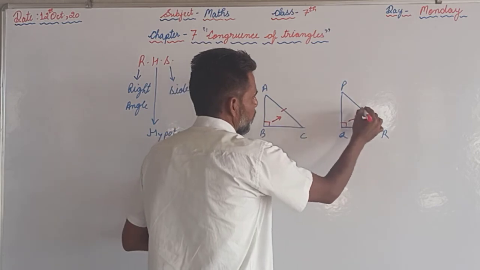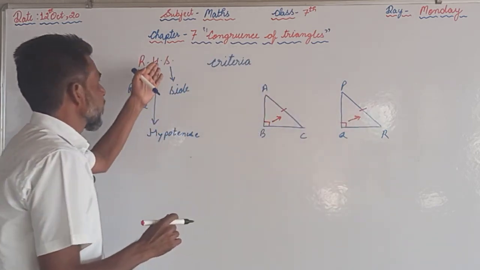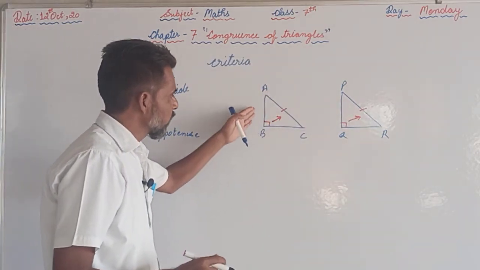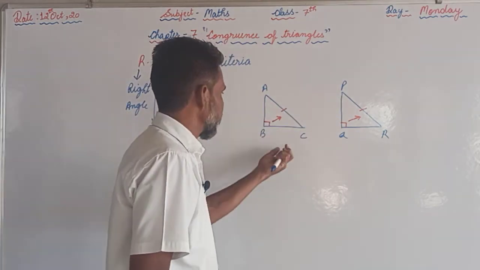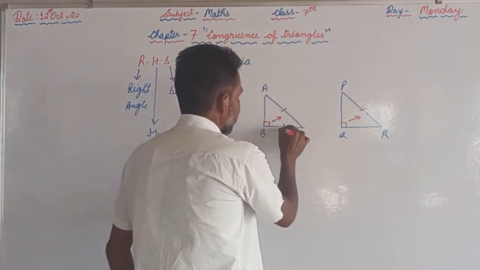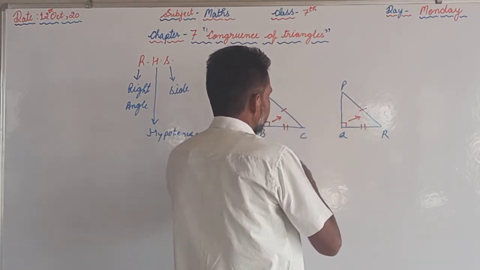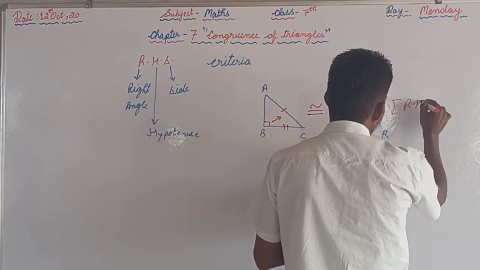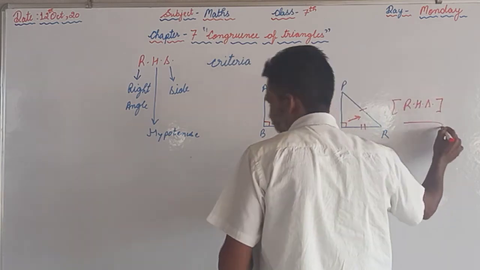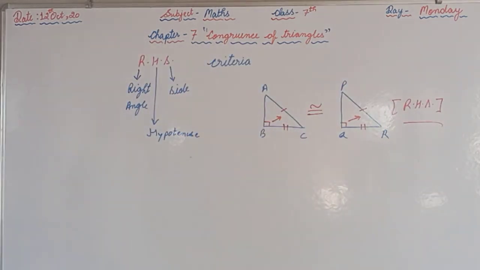So AC should be equal to PR, and then side. How many sides are remaining? Two sides. Any of the sides. If AB is equal to PQ or BC is equal to QR, then we can say the triangles are congruent by RHS.